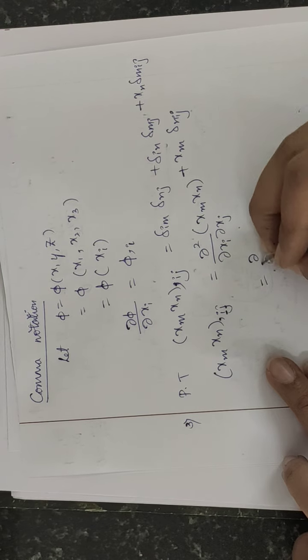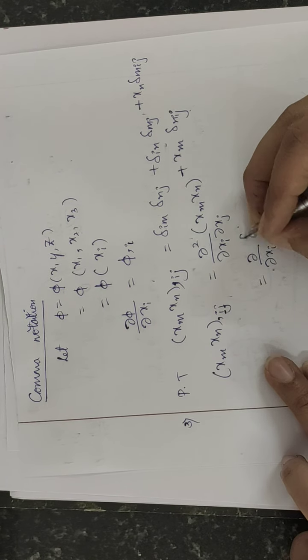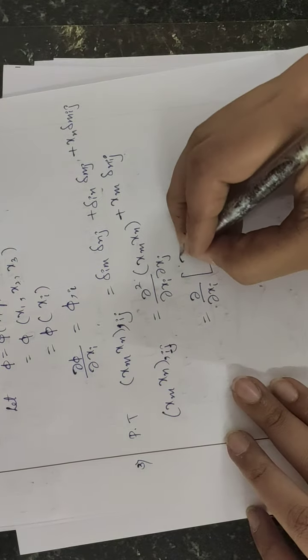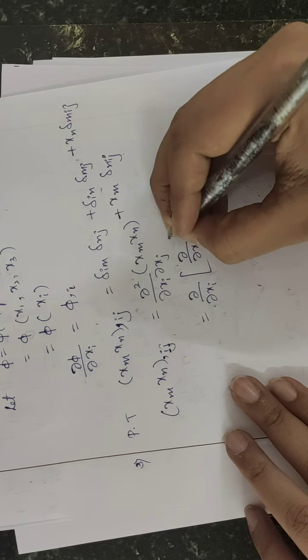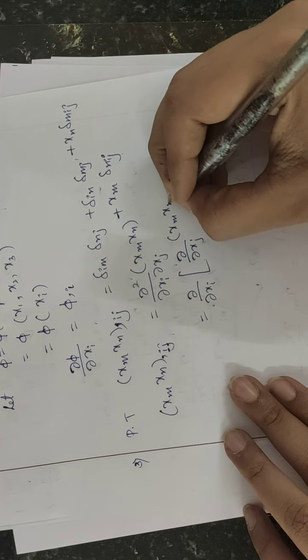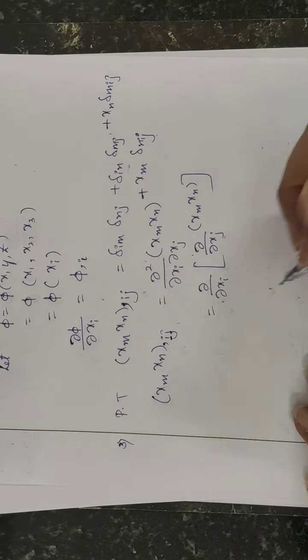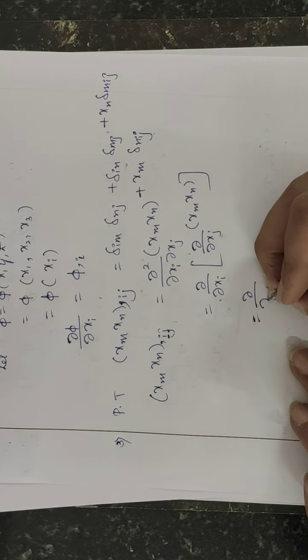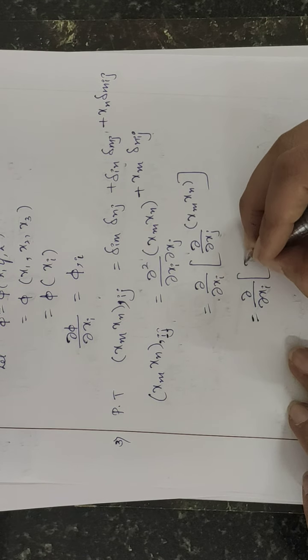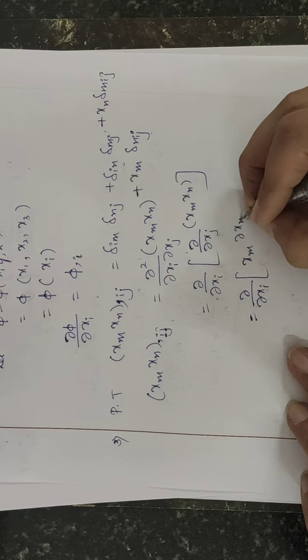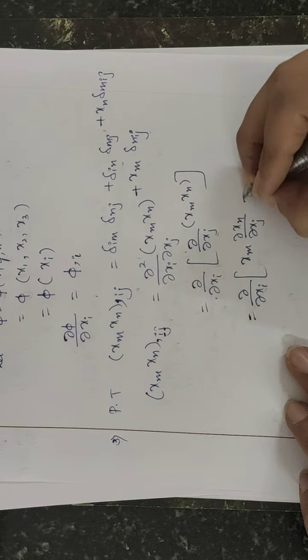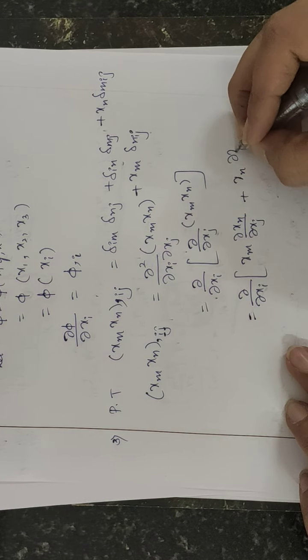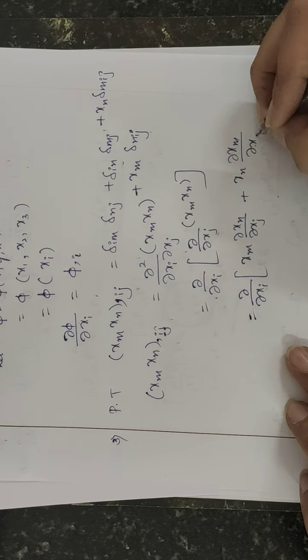So I can write this as dou by dou xi into dou by dou xj of xm xn. Now apply product rule of differentiation here. You will get dou by dou xi of xm dou xn by dou xj plus xn dou xm by dou xj.